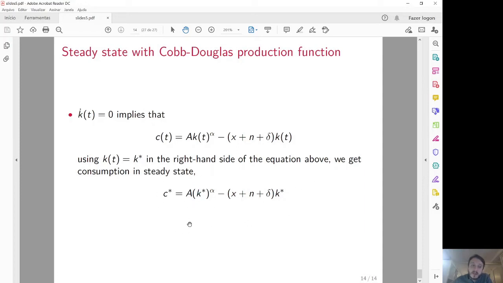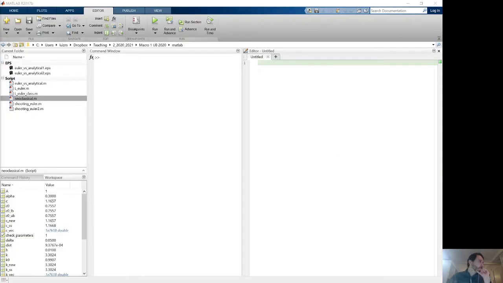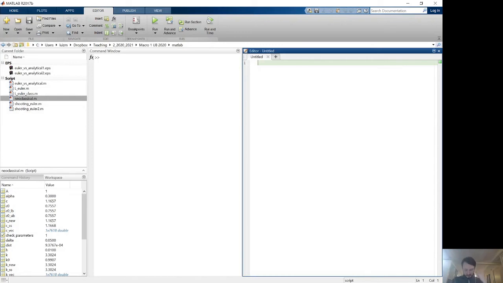Now let's go to MATLAB. Okay, here we are in MATLAB, and the first thing we need to do is to choose some values for parameters. So we have economic parameters, and we also have some computational parameters.